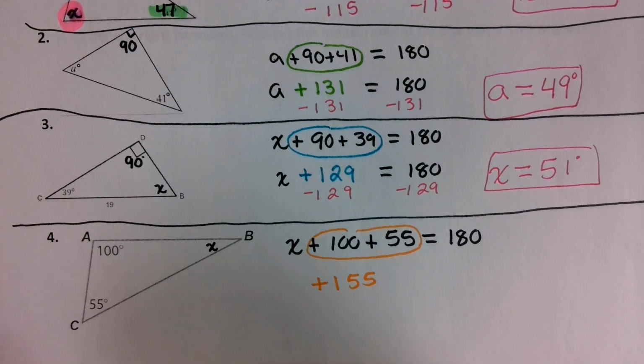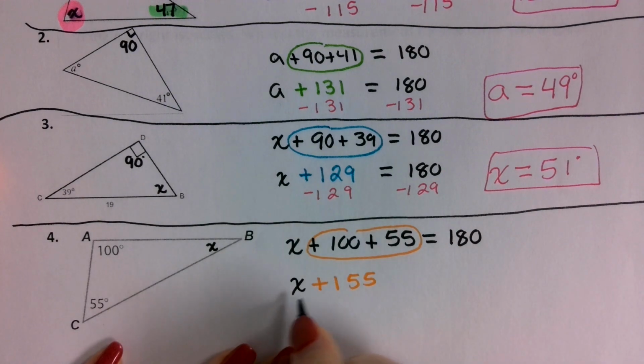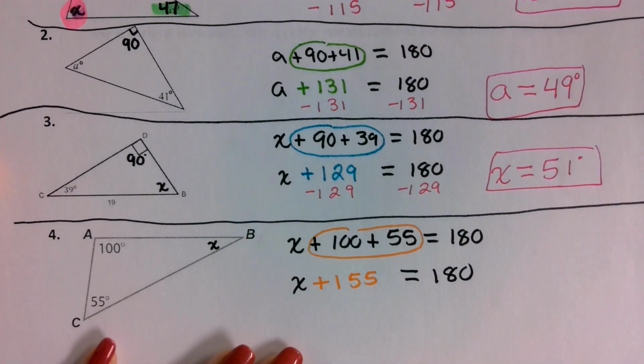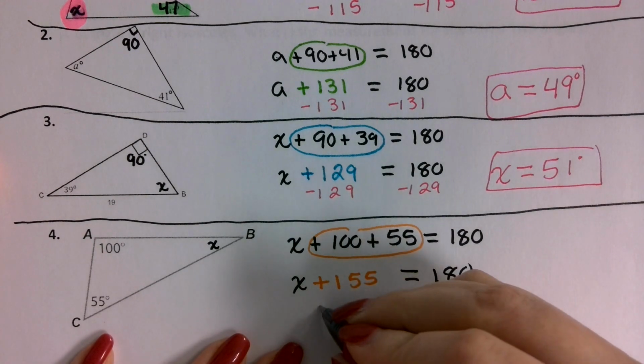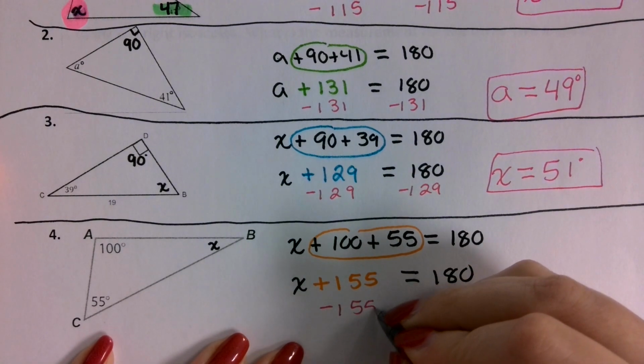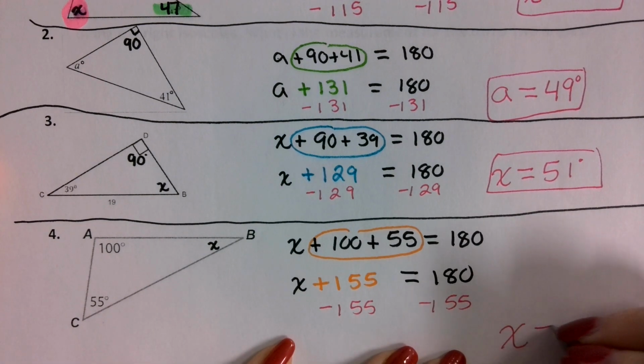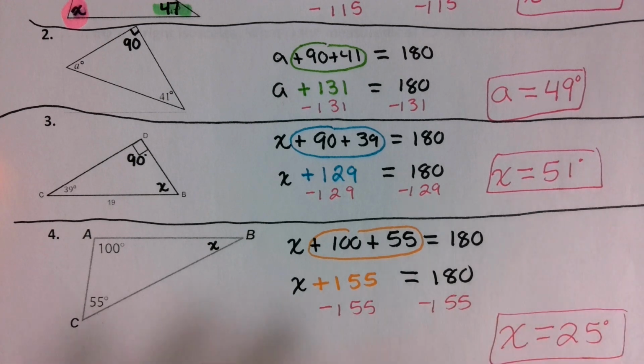So we now have the equation x plus 155 is equal to 180. When we solve, we subtract 155 from both sides, and what do we get as our measurement for x? 25. So x is going to be equal to 25 degrees. Okay, very simple and easy when only one angle is missing.